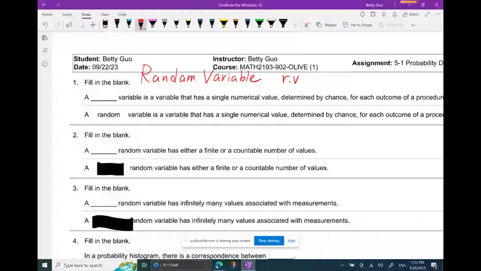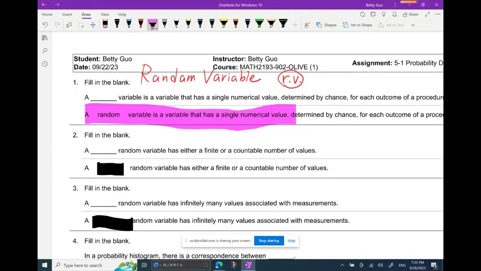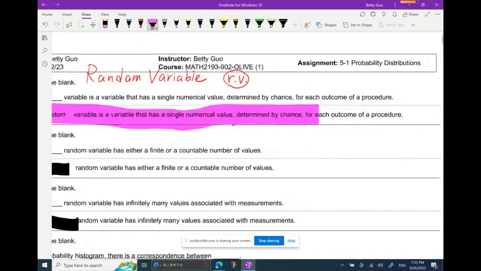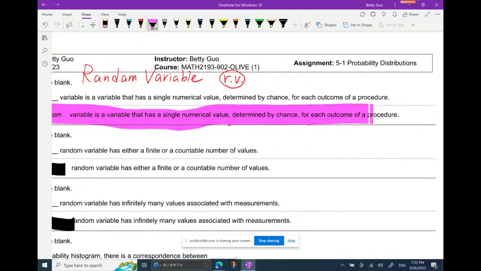I probably use R.V. to represent random variable. And what is a random variable? A random variable is a variable that has a single numerical value determined by chance for each outcome of a procedure.